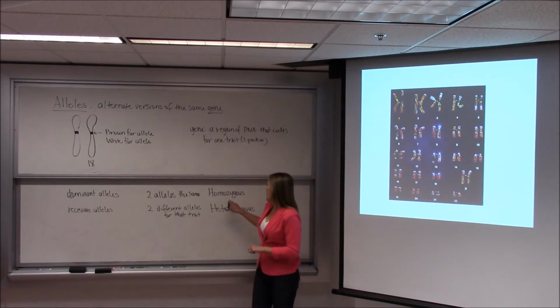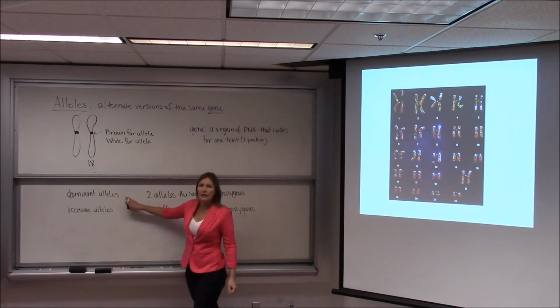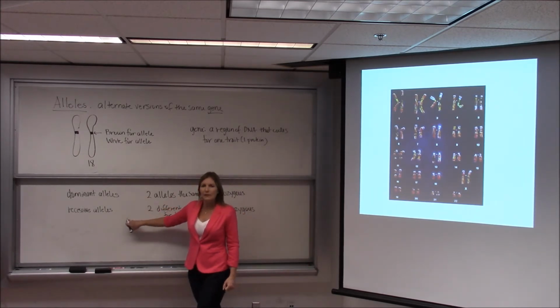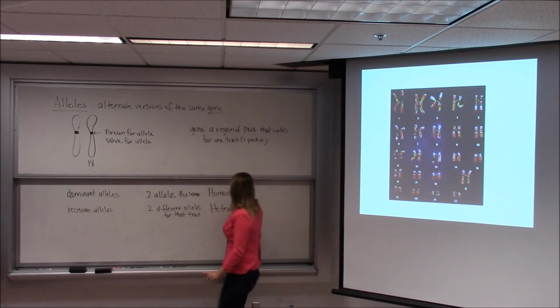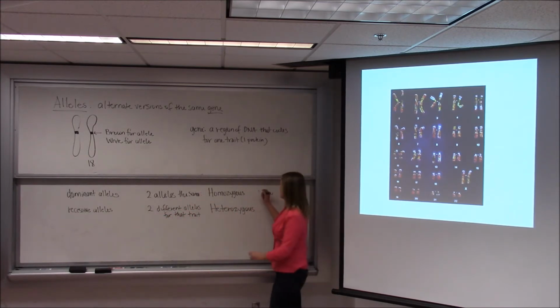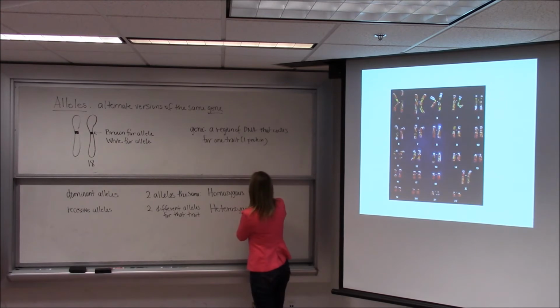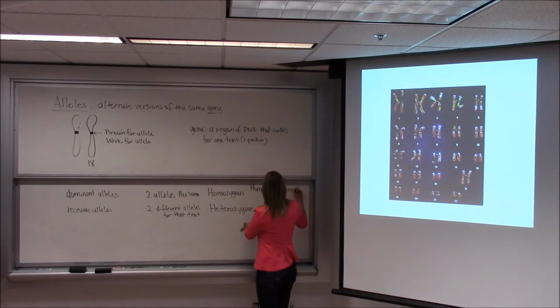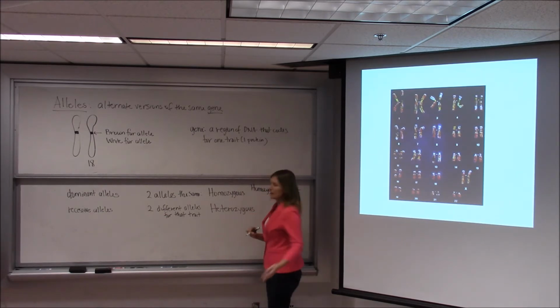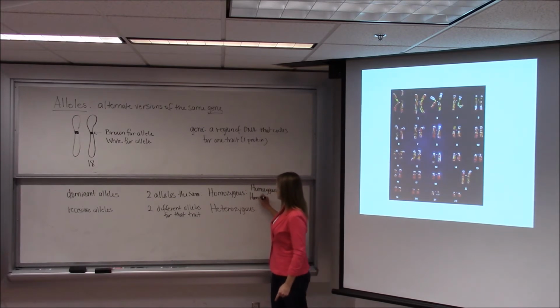So you are either homozygous for the dominant allele or you're homozygous for the recessive allele. So in the world of homozygous alleles, you're either homozygous dominant, so that means you got two of the dominant allele, whichever it is, or you're homozygous recessive.